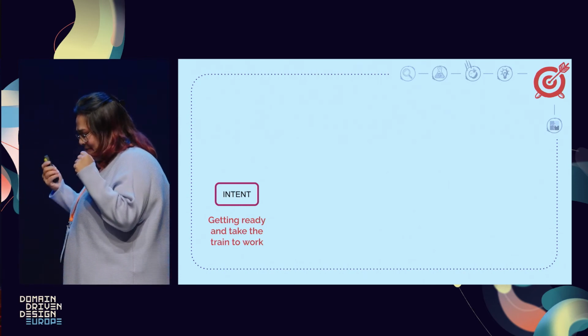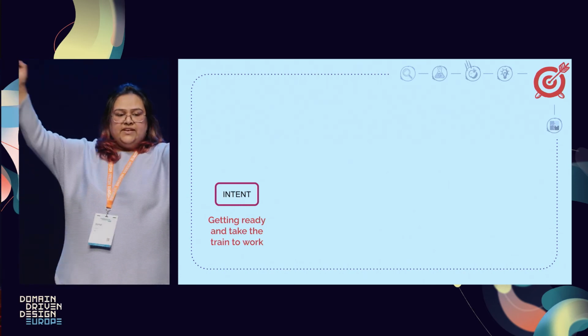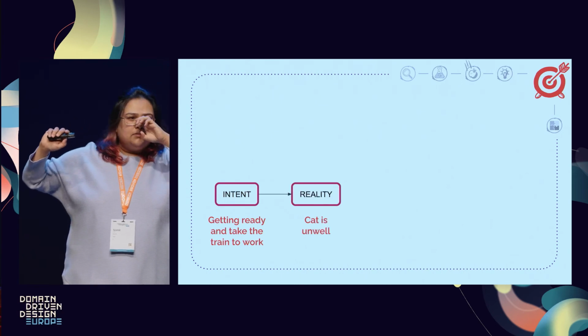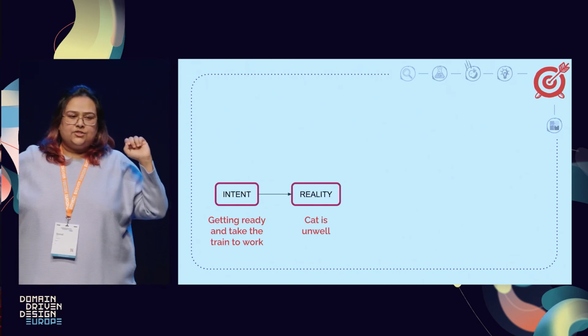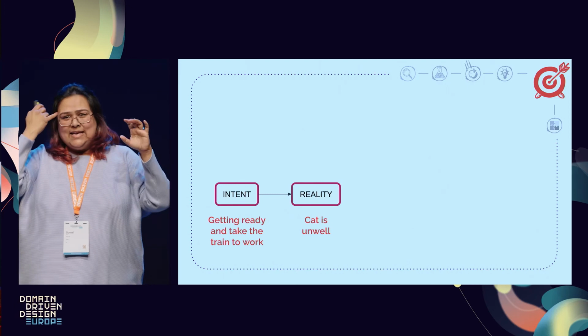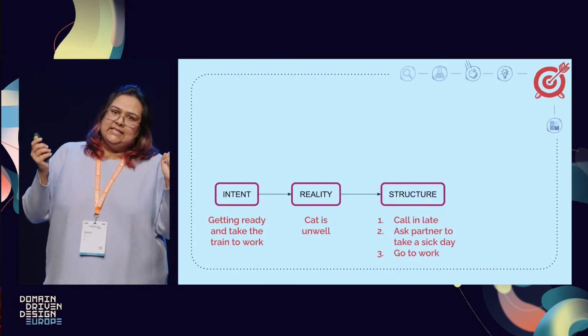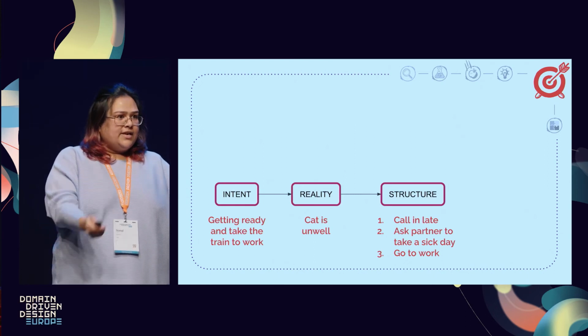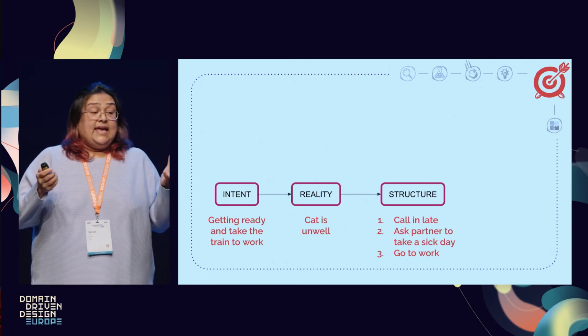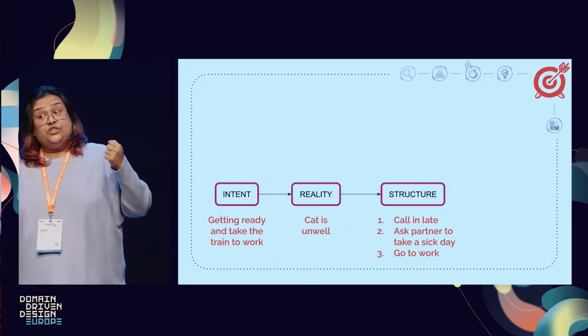And why is that? I'll use a very standard, simple, well-known information architecture framework that would help guide this. So you wake up, you've got intent. You've got the intent to get to work. And then reality hits, which is the cat's unwell.